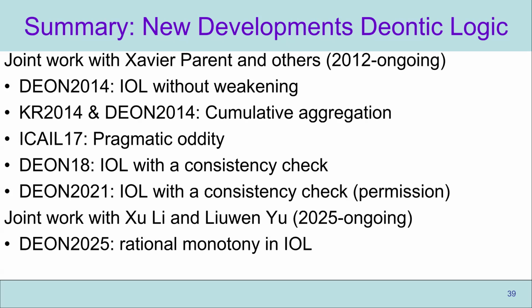Later, when we had this consistency check, Xavier, my co-author, says this is the best deontic logic around. And we are still working on this. In the last Dion, we had yet another variant where we take an idea from KLM, rational monotony, and put it into this rule-based system. That's of course also something people do.